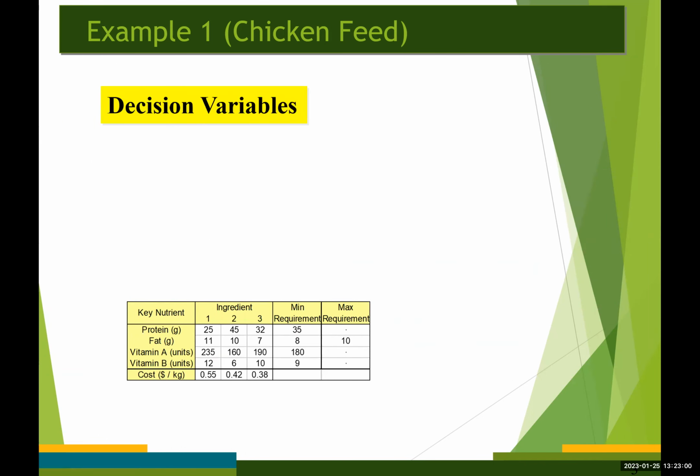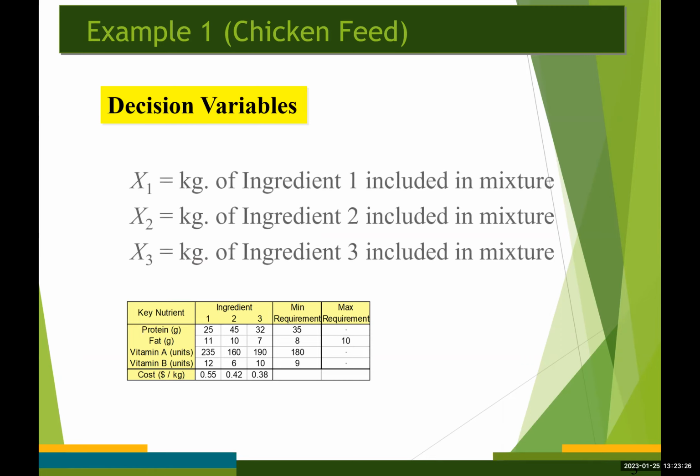Okay, so as a user, we need to define the decision variables, right? So how do you define the decision variables in this case? Because the primary decision for this problem is to know how much of each ingredient should be included in the mixture, right? So we define X variables like this.